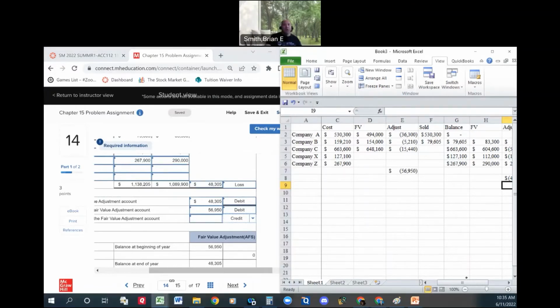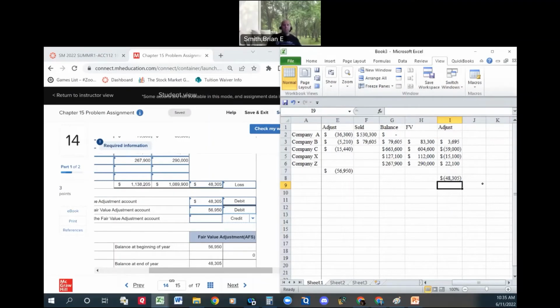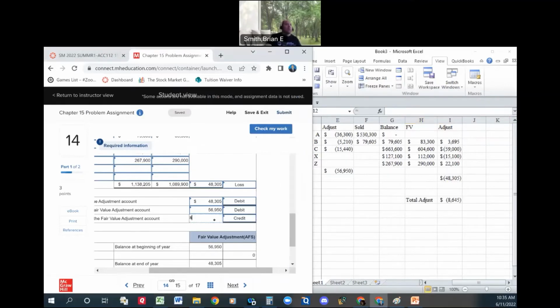If I could do the math on this right. We want to take this minus this. So we need a credit of 8,645. So there's our T account.